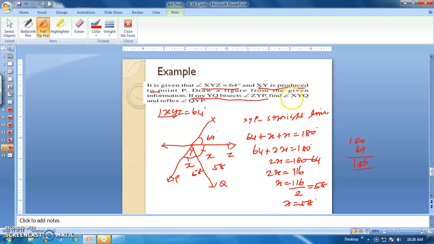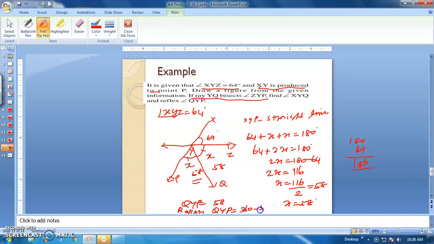They are asking to find out the reflex of QYP also. So what is QYP? So Q is here and Y is here and P is here. So 58 is nothing but QYP. So QYP equal to 58. But they are asking for the reflex. Okay, therefore what is reflex? So reflex of QYP equal to, you have to subtract from 360.